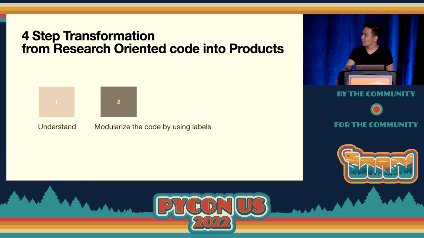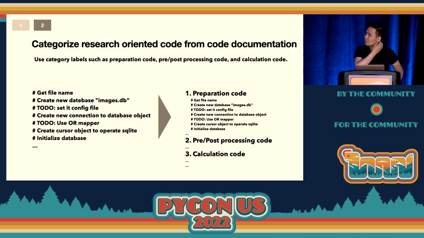The next thing to do is to modularize the code by using levels. Research-oriented code has 3 types of scopes, such as code to prepare, pre-post process, and calculate data.